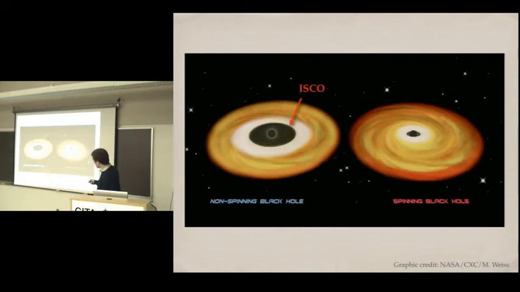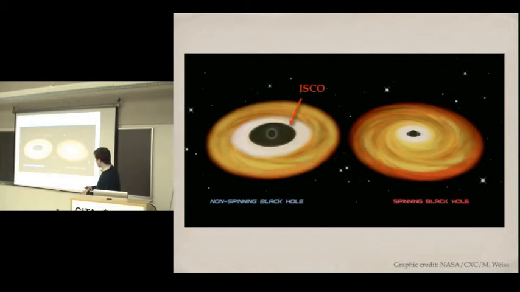The fluid out here is going around on circular orbits, but at some point, general relativity says that circular orbits become unstable. And so the radius where that happens is called the ISCO, the innermost stable circular orbit. When the fluid reaches the ISCO, it doesn't have circular orbits to continue on, so it just plunges into the black hole very quickly, pretty much radially. So this becomes very low density, it's dark, it's like a hole in the middle of the disk.